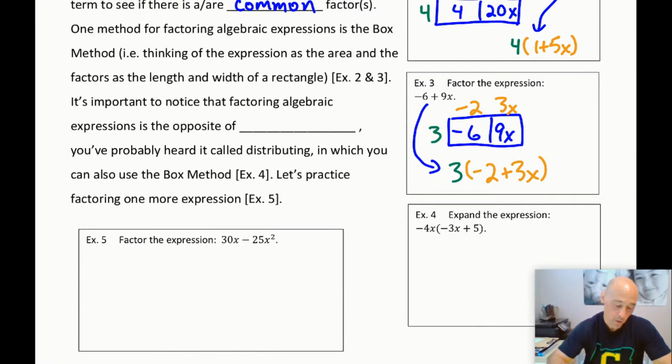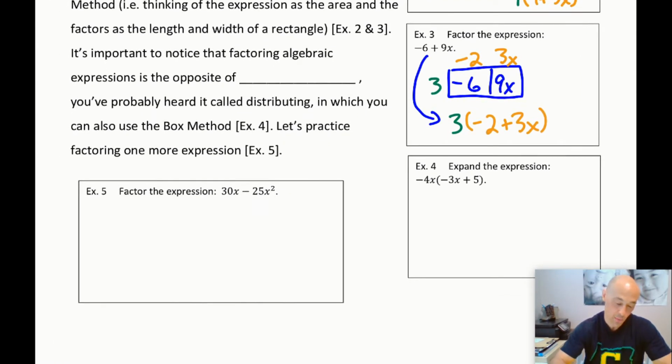It's important to notice that factoring algebraic expressions is the opposite of expanding. Expanding, you've probably heard it called distributing, and distributing is a kind of expanding. And you can also use the box method in expanding.